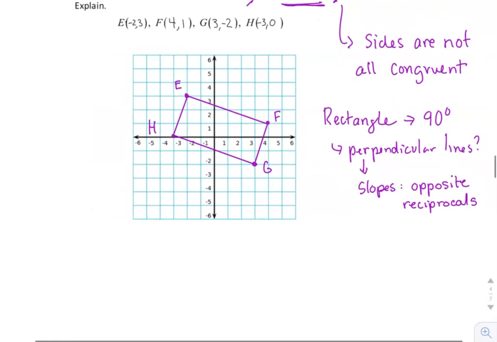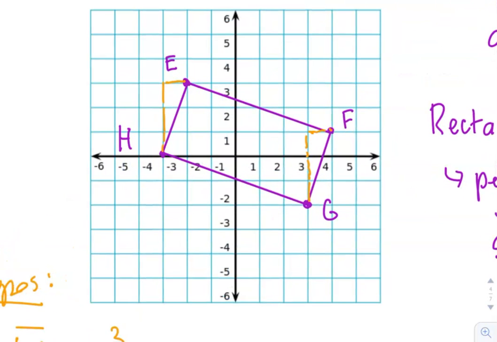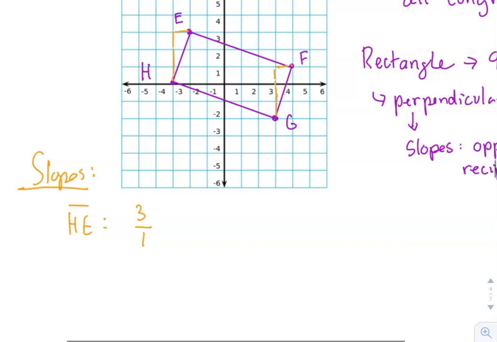So let's look at HE. This is just analyzing the slopes. For HE, I have a rise of 3 and a run of 1. Right? So 3 over 1 is my slope there. GF, a rise of 3, run of 1. So that's also positive 3 over 1.